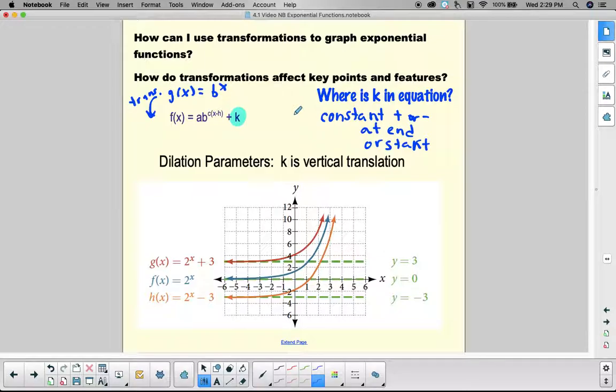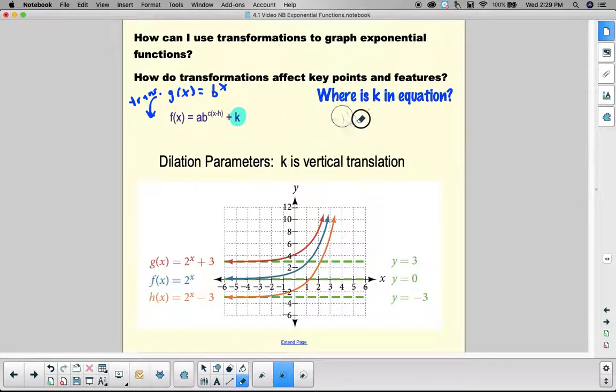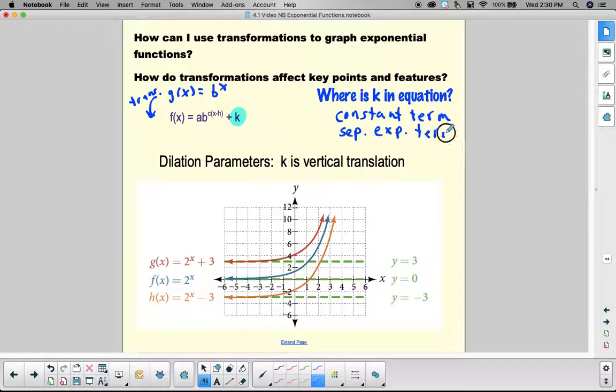It's just a constant term, separate from the exponential term. That's how you can find k.